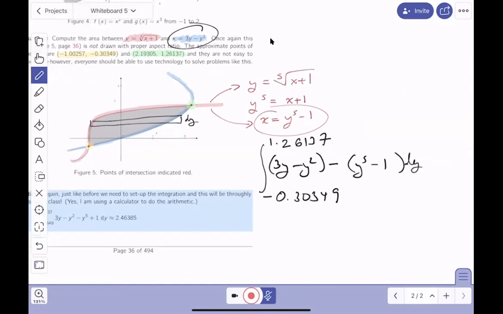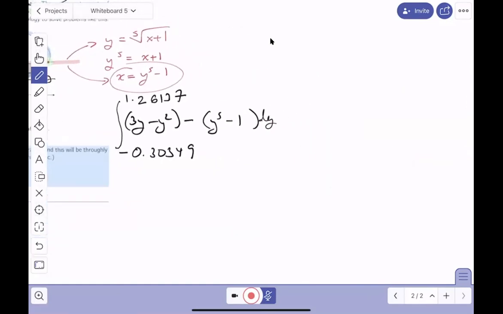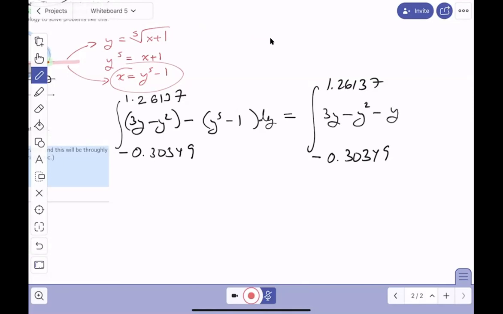All right. So if this is an exam question, I'm going to say for the most part, I guess I could do some of it. I hate writing those numbers down, by the way. Let's write this down. What do you get? Well, let's see. You get the integral of 3y minus y squared minus y to the 5 plus 1 dy.